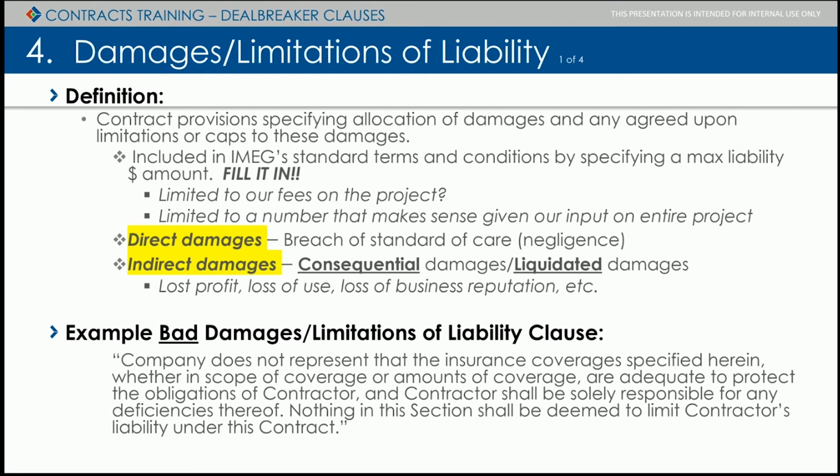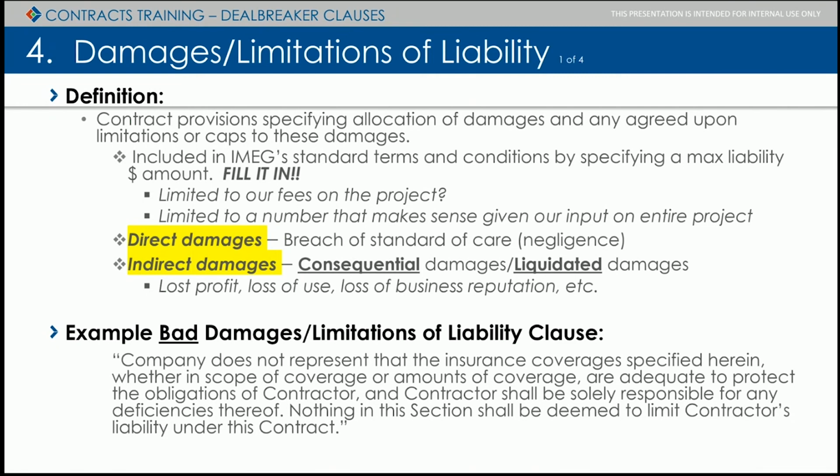So if we're determined to be solely the reason a project is held up and there is a $20,000 a day liquidated damages clause in the contract, that is bad news and can get very, very, very high, and it will be litigated because we're going to try to show that there were other entities that did something that caused a delay. So be on the lookout for consequential or liquidated. The ideal situation is to have a waiver or just exclude them.